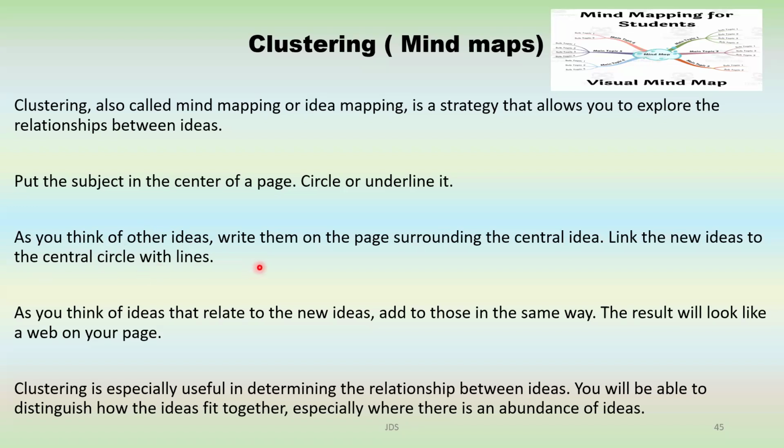Right? So just think of a tree. From the central idea, you have the other ideas branching out. As you think of ideas that relate to new ideas, add those in the same way.